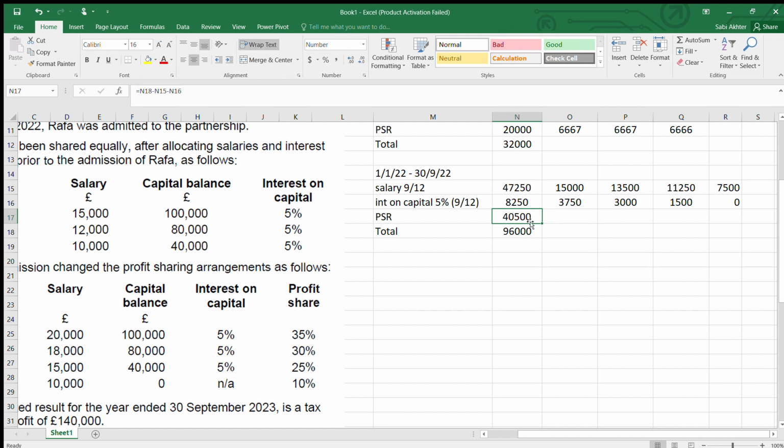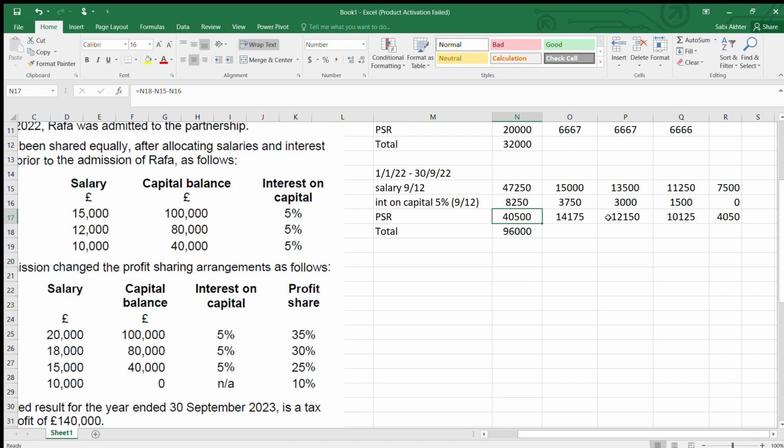So this 40,500, 0.35 into 40,500. 14,175. So like that, if you take 30% of 40,500, you will get this amount, 12,150. 10,125. 4,050. Add and see, are you getting 40,500 or not?